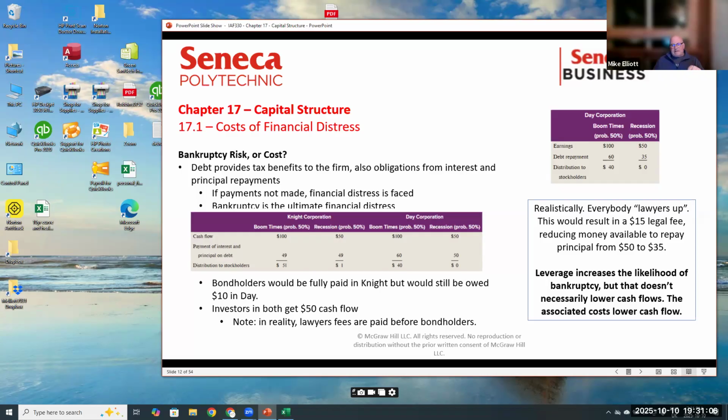Financial distress doesn't necessarily mean bankruptcy, but bankruptcy is the ultimate financial distress. So we can have financial distress that doesn't involve bankruptcy, there's different chapters in the US, there's different steps in Canada as well that don't lead to liquidation of the firm, but do lead to some protection for debt holders and stockholders.